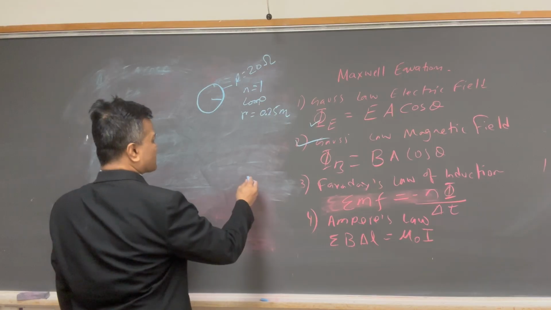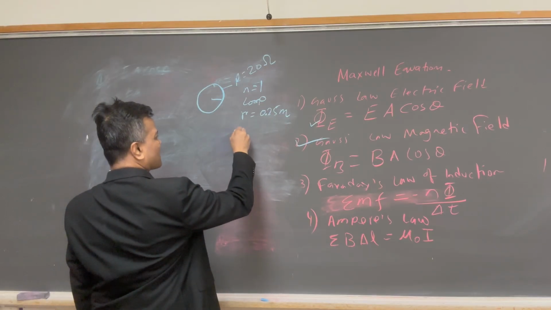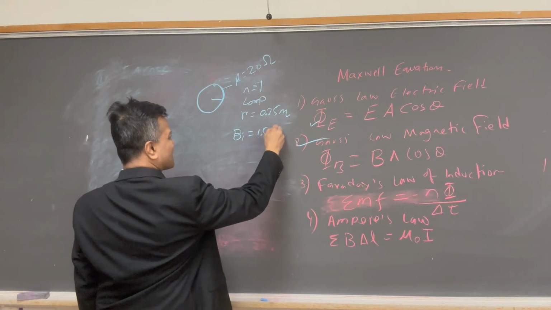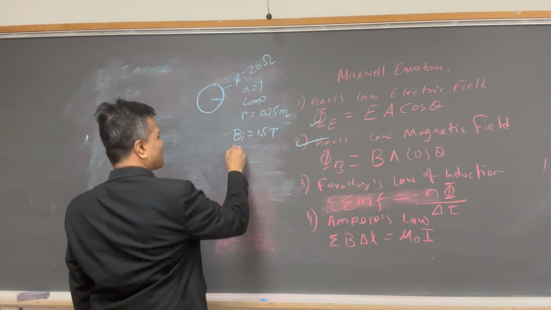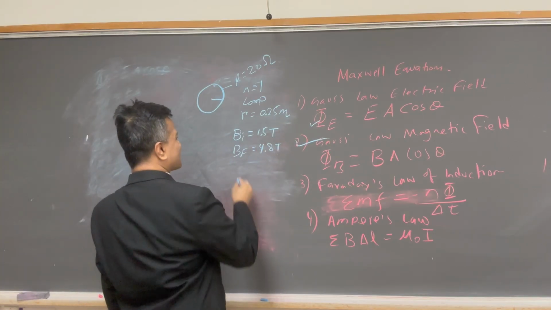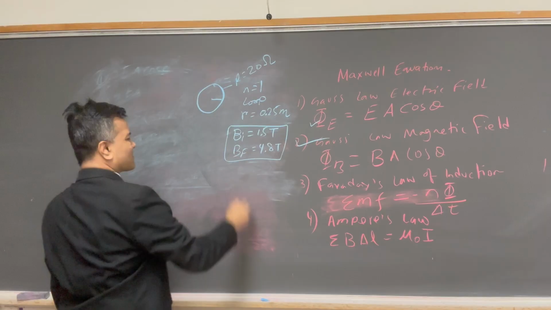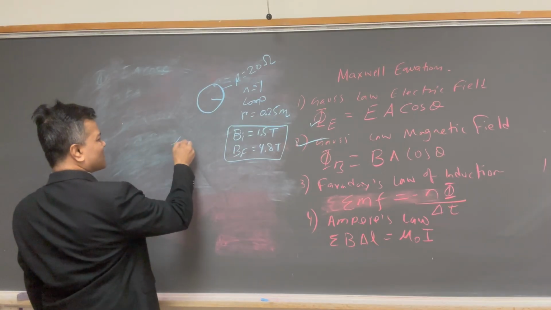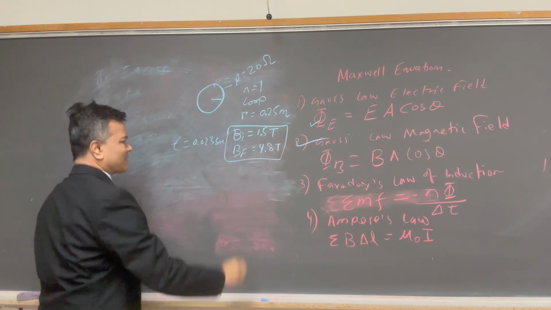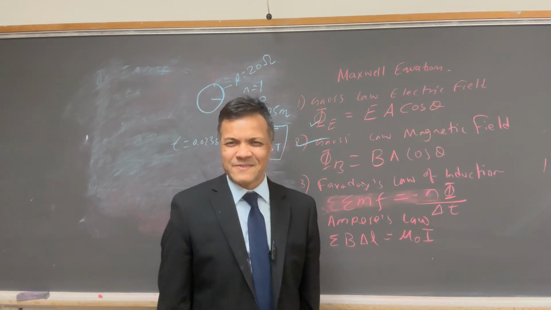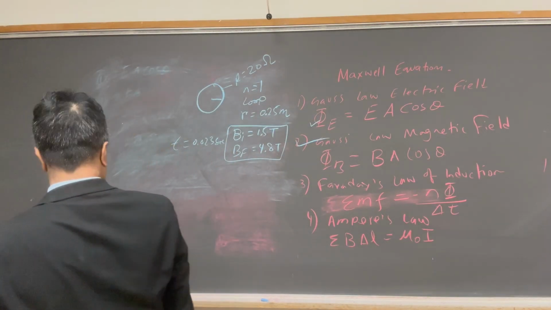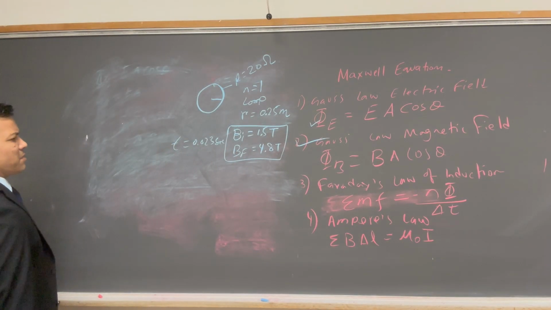Loop has field. Let's say the initial field is 1.5 Tesla, and final field is 4.8 Tesla. And let's say this change happens in 0.023 second, 23 millisecond. What we want to find is magnetic flux.